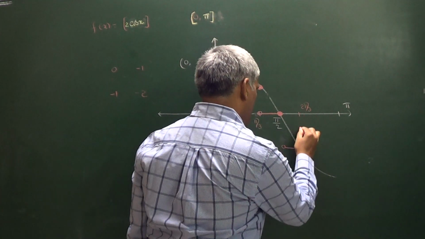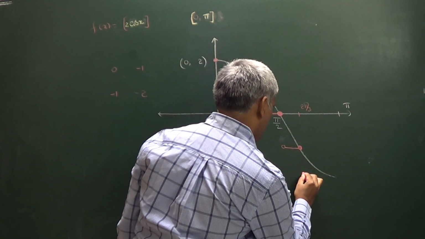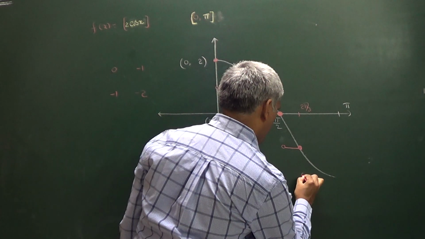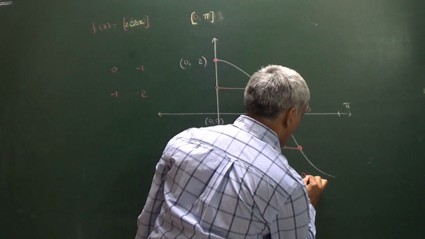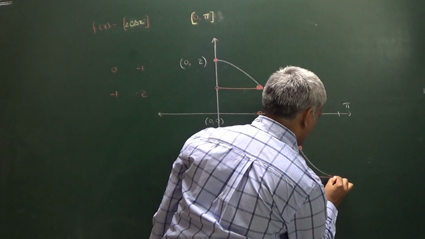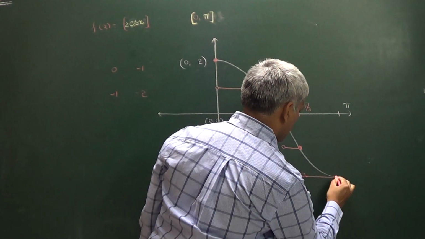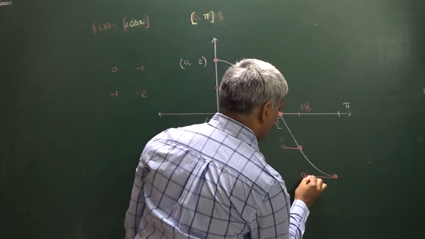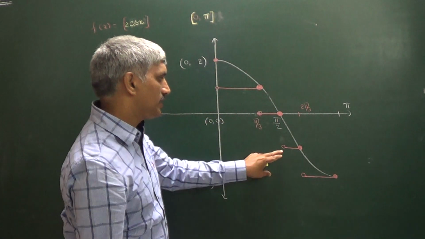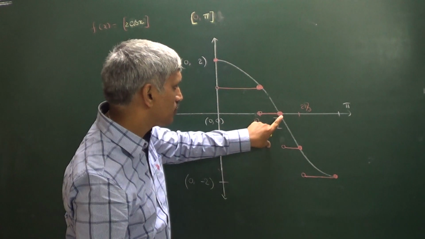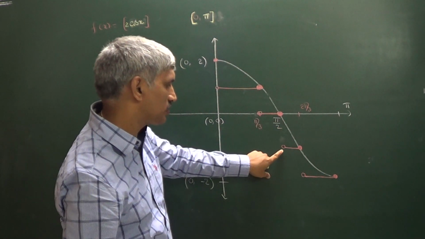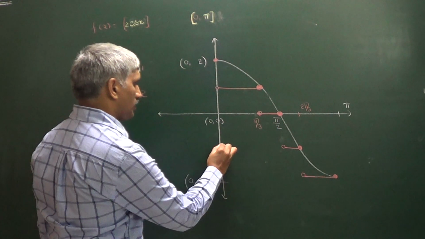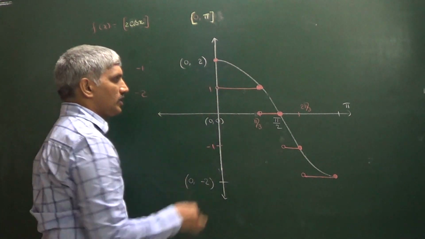So that's why again here we have an empty circle. Up to pi it will be minus 2 only. This is pi. So empty circle denotes at pi by 2 it is taking 0, not minus 1. Okay. So this part is minus 1 and this part is 1.